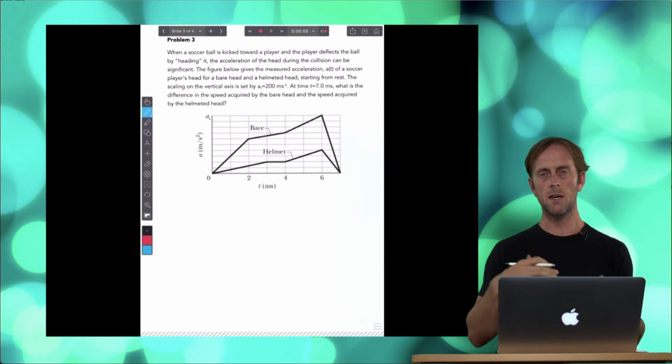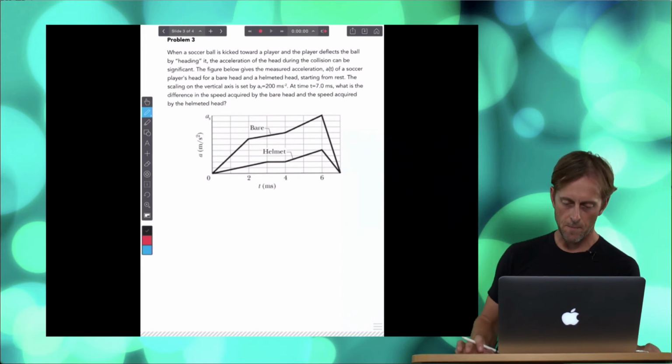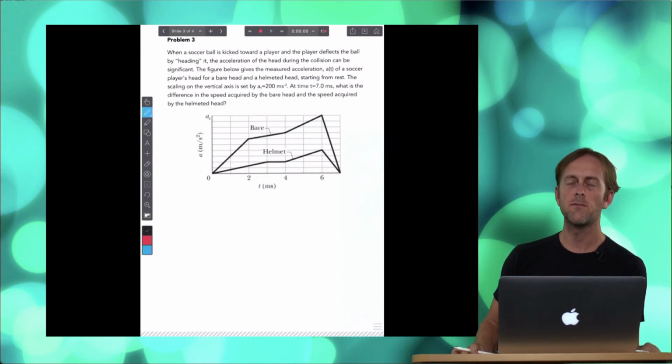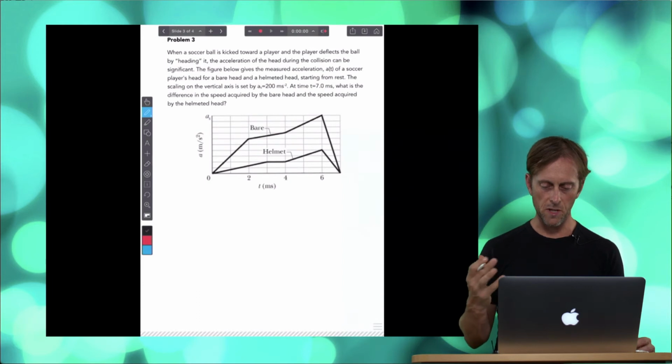So this is an example of using the graphical integration that we've seen a few times now. We can just take this acceleration versus time graph and work out the velocities. We're asked to find the difference in velocity between the helmeted head and the bare head in a collision with a soccer ball.